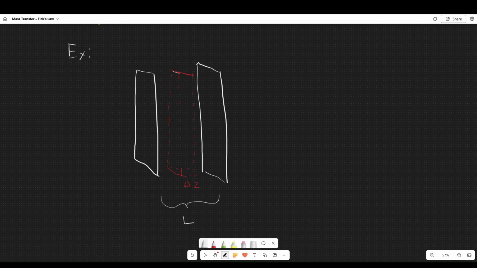What this means is that the cross-sectional area in the film is going to have a value of A. And to label our axis, let's call this the z-axis going this way. That means that at this location, z equals 0, and at this location, z equals L. Perfect.